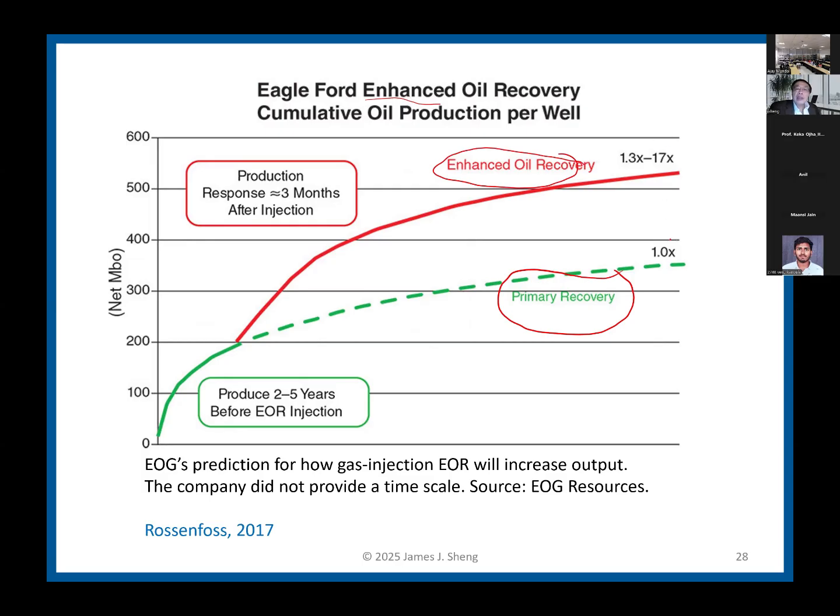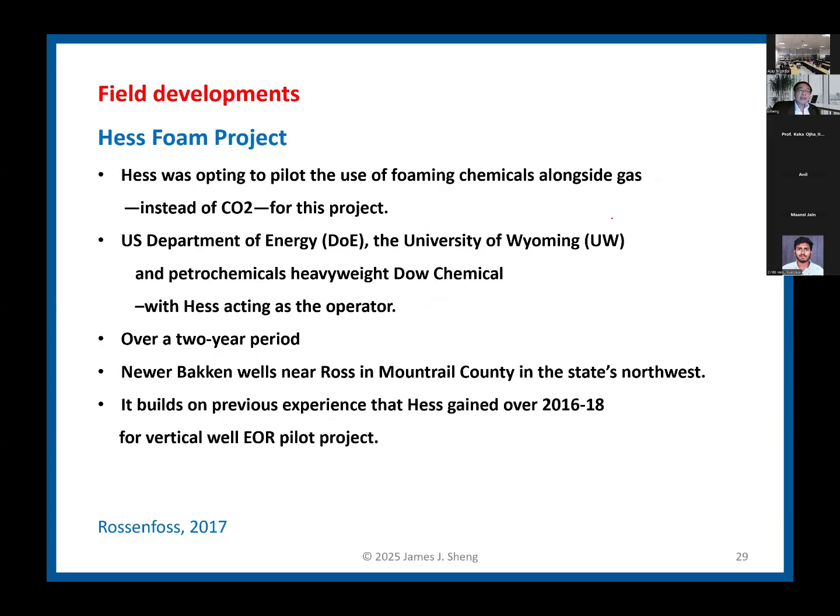And the ratio increases from 1 to 1.7. So in other words, you have oil production 30 to 70% increase by Huff-n-Puff gas injection. Okay, so that is one project.